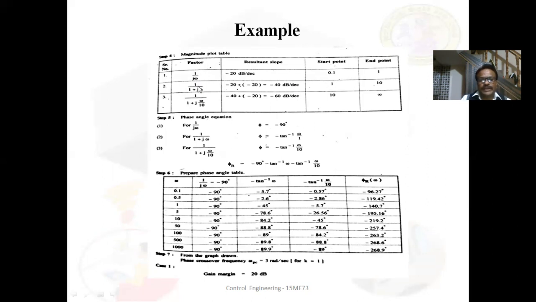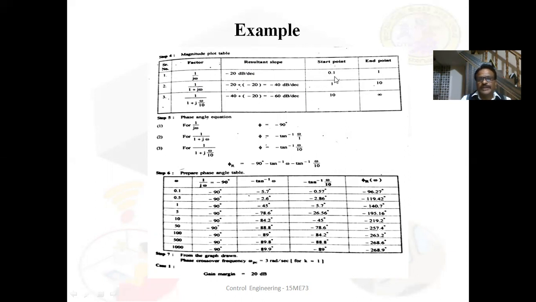Then you take another factor, 1 by 1 plus j omega. The previous slope is minus 20 dB, and for this factor the slope is minus 20, so the resultant slope is minus 40 dB per decade.